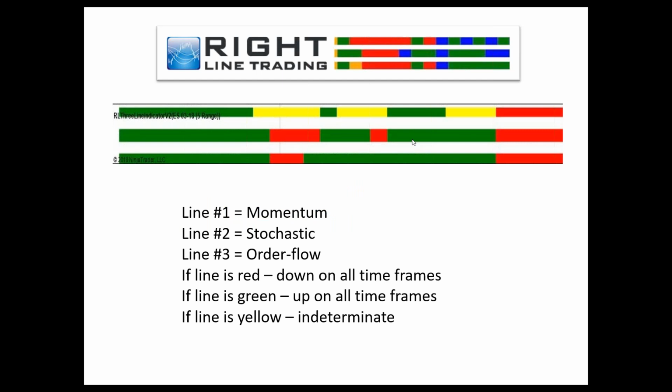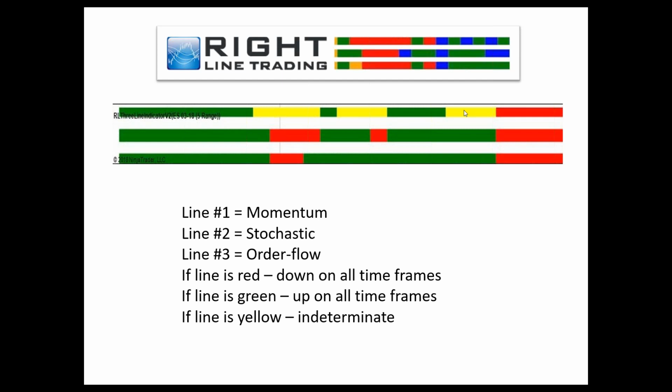I'm going to show it to you on a live chart so you can see how it actually predicts the future movement of price. But I wanted to go over each line with you individually to show you what it assesses. The first line assesses momentum on a multi-time frame basis. Now, it doesn't look at any information from your trading chart.